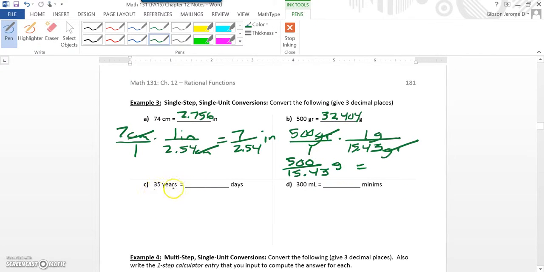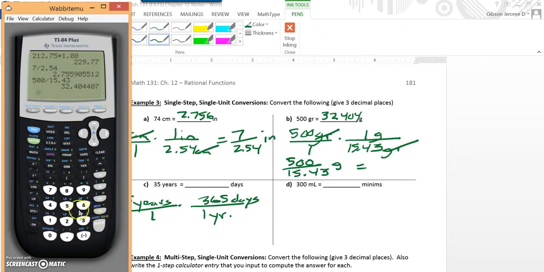Now we come to C. We want to change years to days. So we had 35 years. We're going to assume that it's 365 days. So for 1 year, it's 365 days. So we'll put this over 1. We'll take our calculator and take 35 times 365.